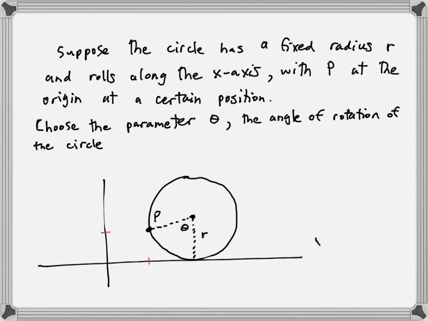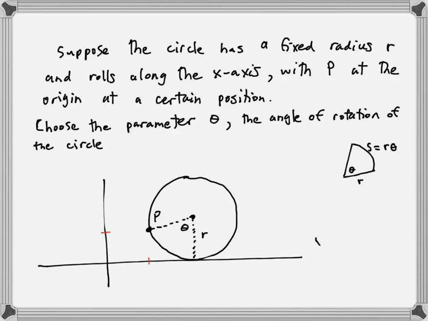So what does this mean? Let's start by thinking about how arc length works. What we learned in trig is that anytime you have a circle and a chunk of it, if this is theta and this is r, then the arc length is r times theta. Well, that's exactly what we have here.